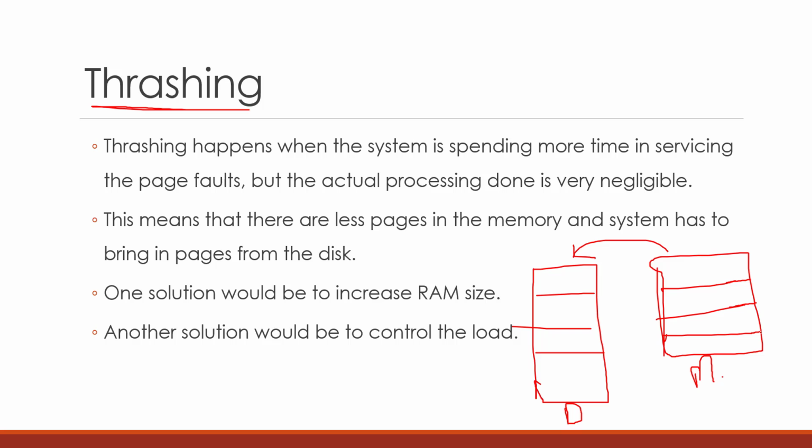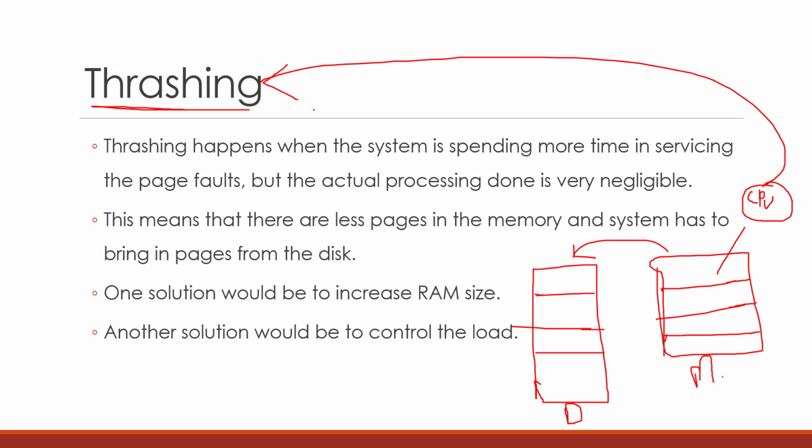Now what is a page fault? A page fault means that the page was not found in the RAM and we have to go fetch that page from the hard drive. If a lot of time is being spent in addressing page faults and less time is being spent by the CPU on running the pages, then this problem is called thrashing, right?